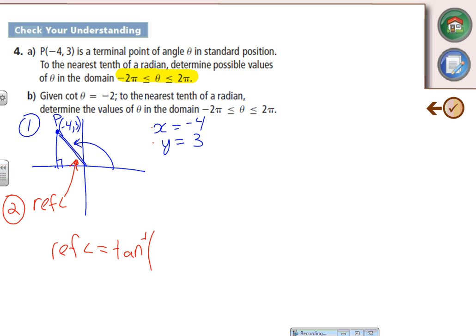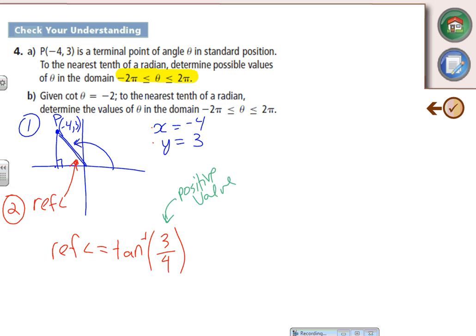Inverse tan of, and I always use the positive value when I'm looking for reference angle. Really, I'm tricking the calculator into thinking I'm talking about quadrant 1, when really I'm not. The positive or negative value of the fraction just tells us which quadrants we're in. That was used up in step 1.